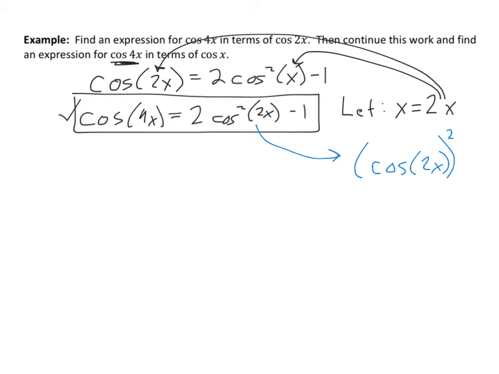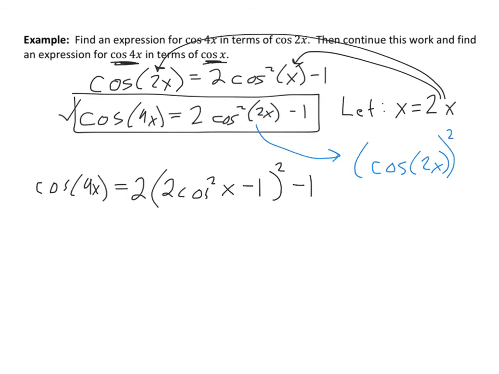The left side of this is still just going to be cosine 4x, because that's what I'm trying to find an expression for. On the right side, I want to replace my cosine 2x, which is squared, with the cosine-based identity that I have. I'm going to use 2 cosine squared x minus 1.